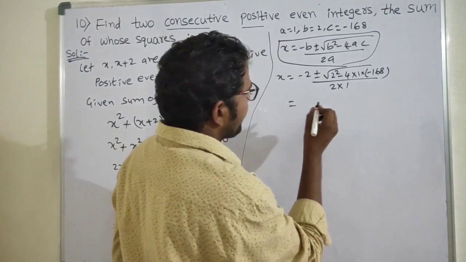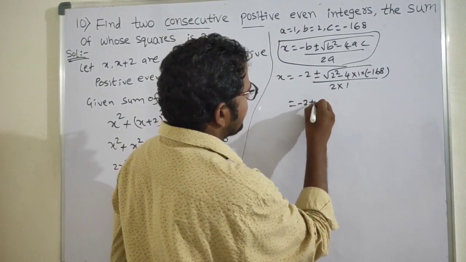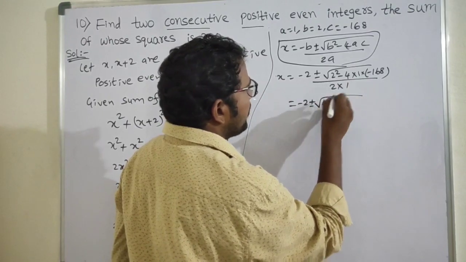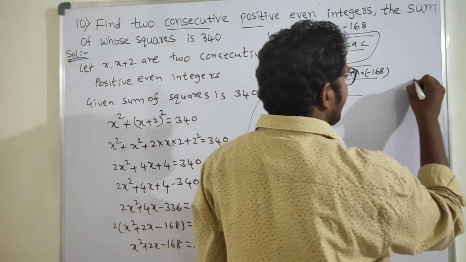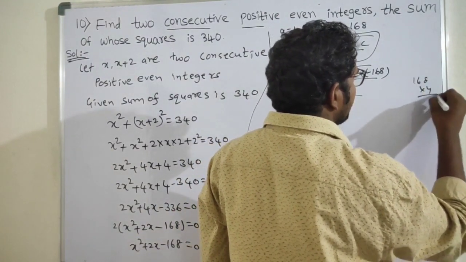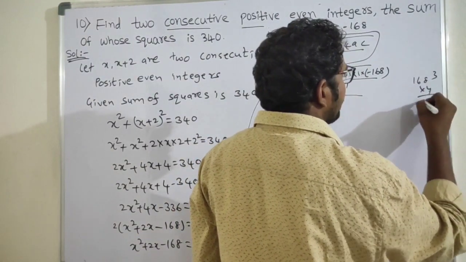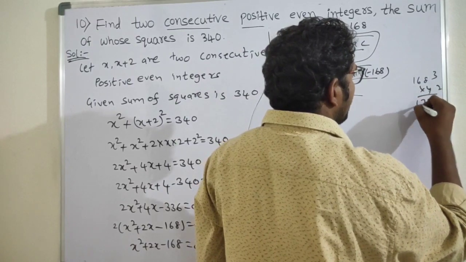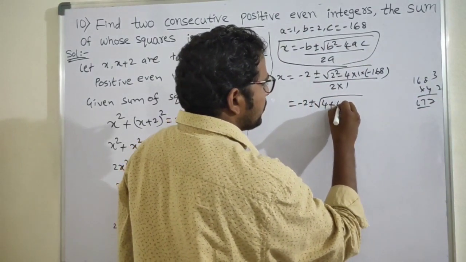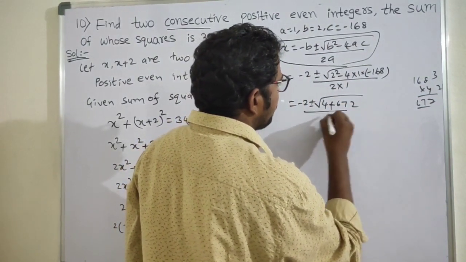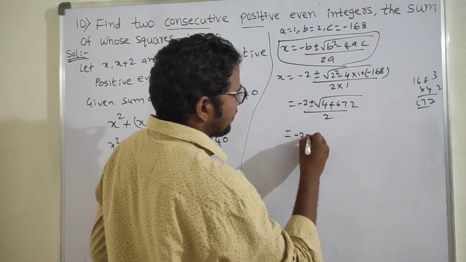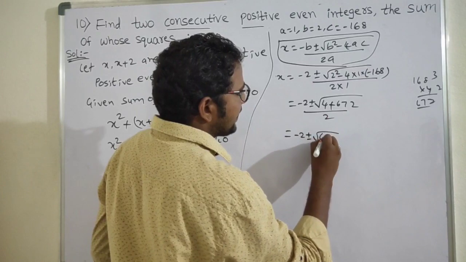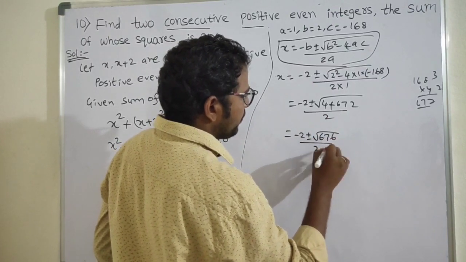That equals minus 2 plus or minus square root of 4 plus 168 into 4, which is 672. 4 plus 672 is 676.